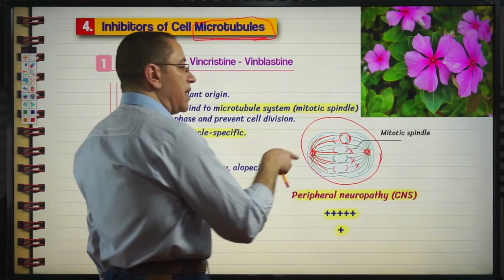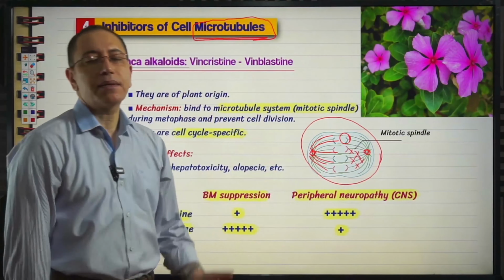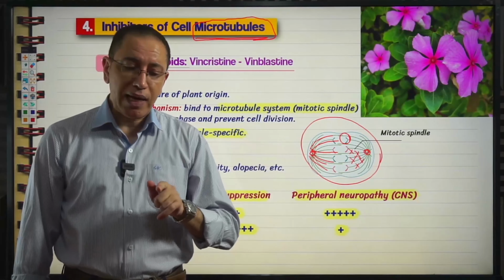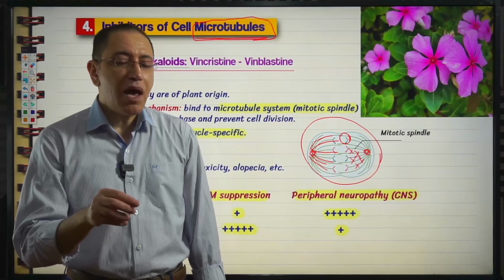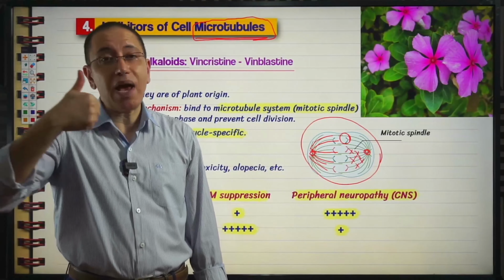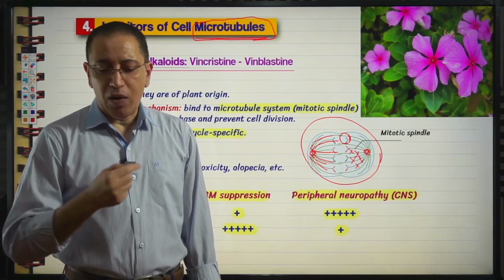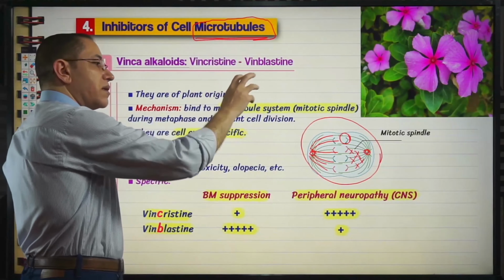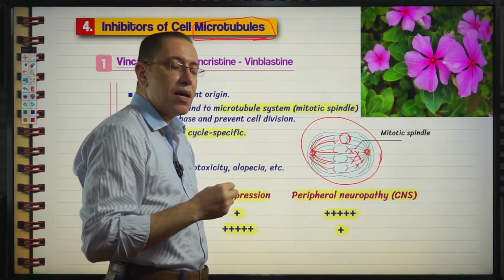When I tell you there is a drug that works by inhibition of microtubules, may I ask you whether this drug can target any cell at any stage of the cell cycle, or it can only work at a certain stage? Think about it. If someone asks you, are these drugs considered cell cycle specific or non-cell cycle specific?